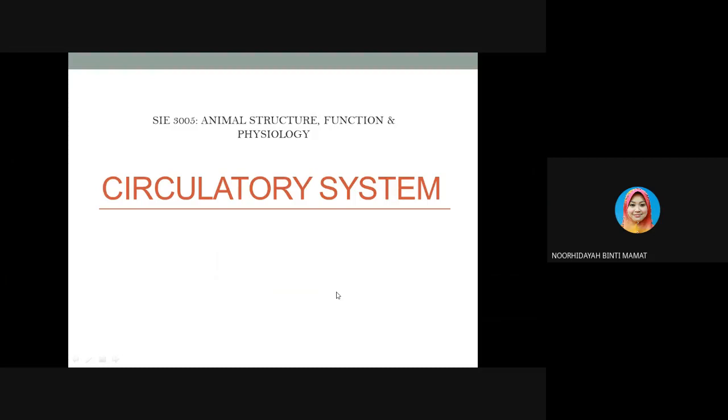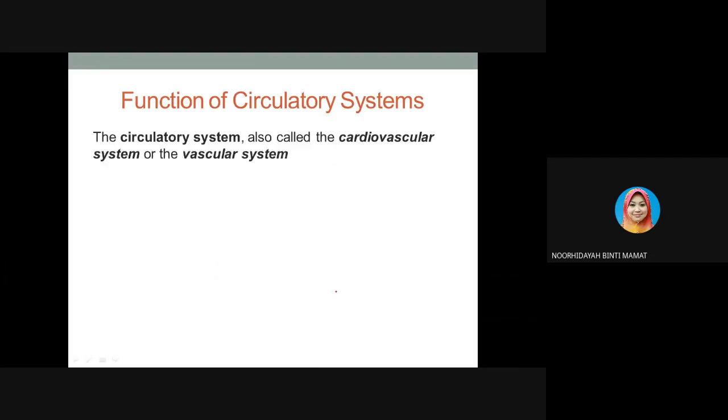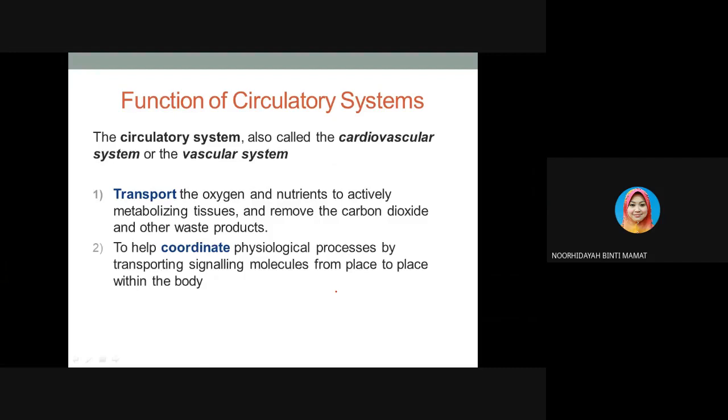If you still remember, the sensory system is actually the process of converting the sensory information into neural signals, which is we know that the senses bring the information about the outside world into the body. So for today we are going to study about the circulatory system.